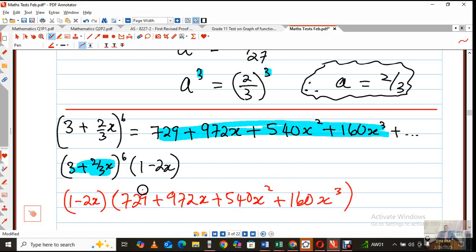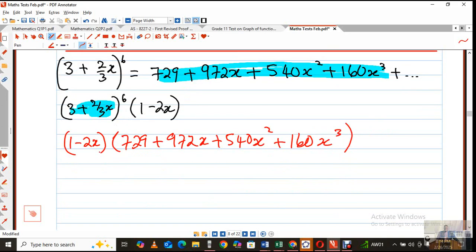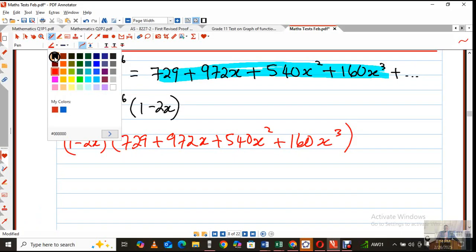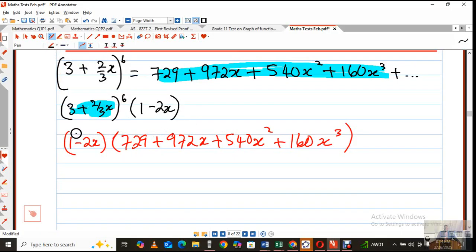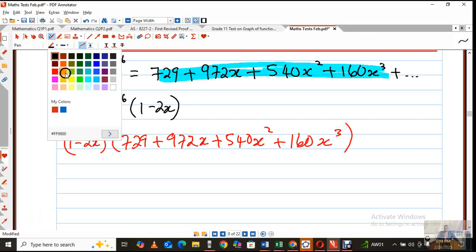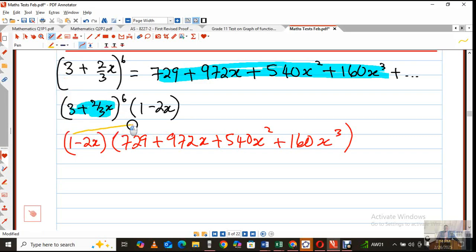I'm just going to end there. Now the reason I'm doing that, I'm trying to see which ones can I multiply over here that will give me x cubed. So if you take this one and you multiply this one all the way with this term, it's going to give you 160x cubed. There's nothing else you can multiply 1 with.